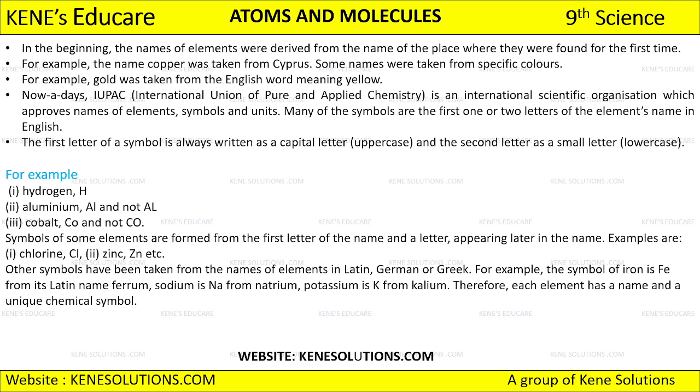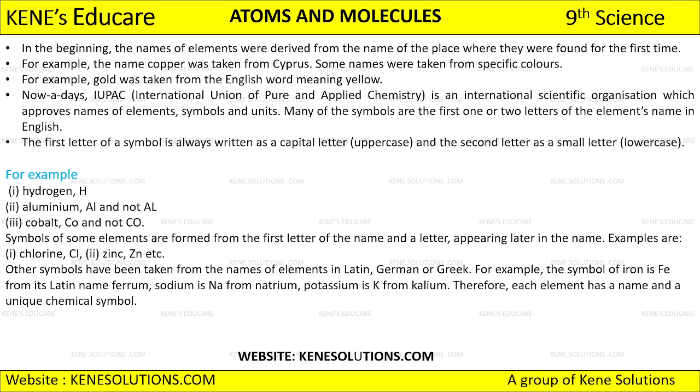Symbols of some elements are formed from the first letter of the name and a letter appearing later in the name. Examples are chlorine and zinc. If you can see, we are leaving the second letter and using the third one, right? Other symbols have been taken from the names of elements in Latin, German, or Greek.